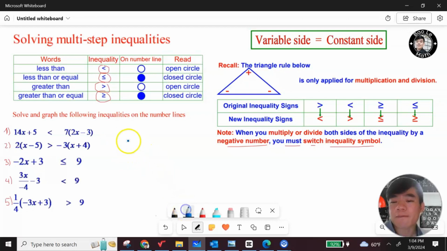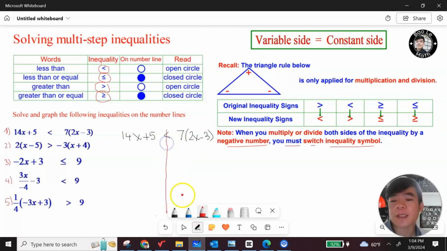So I have 14x plus 5 less than 7 times 2x minus 3. I need to draw the line.